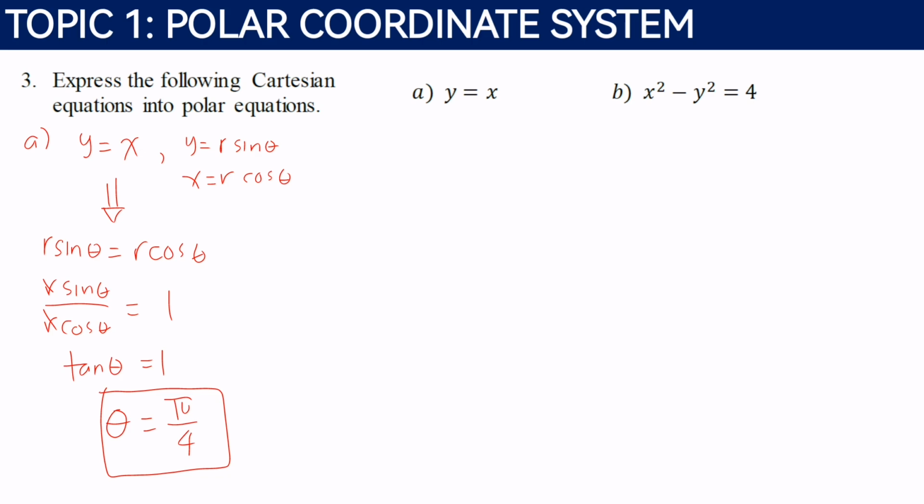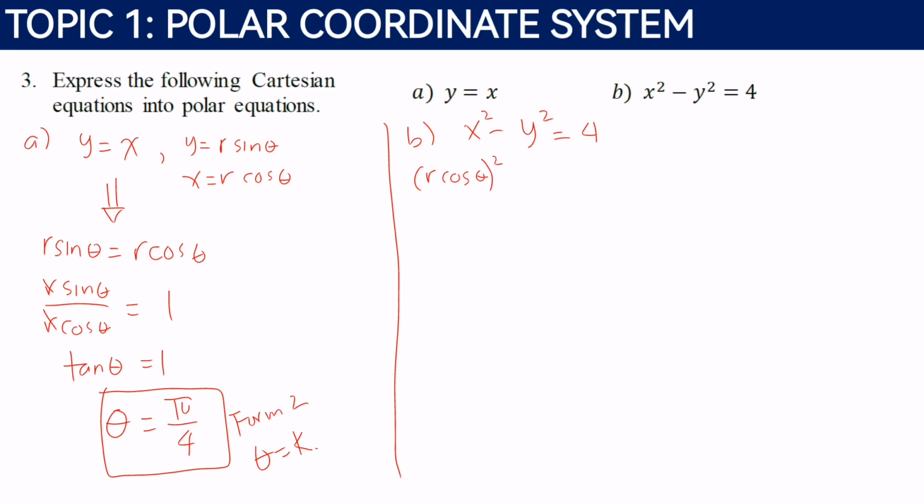This is actually form 2 of our polar equations, theta equal to k. Now let's go to example B. x squared minus y squared equal to 4. The equation of this, I think, is a hyperbola. So in polar form, this is (r cosine theta) squared minus (r sine theta) squared equal to 4.